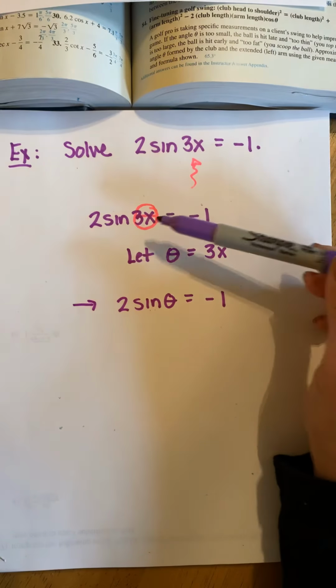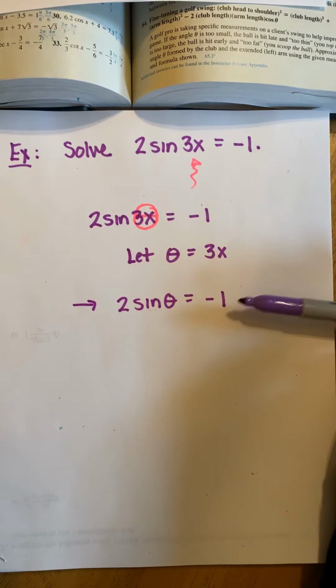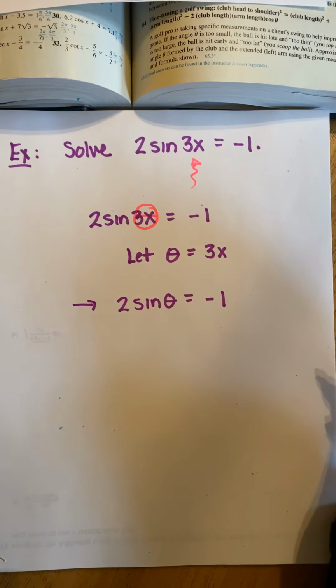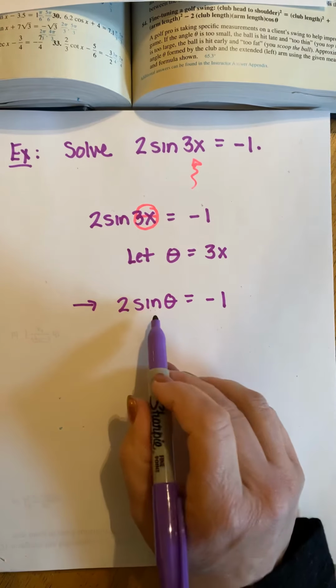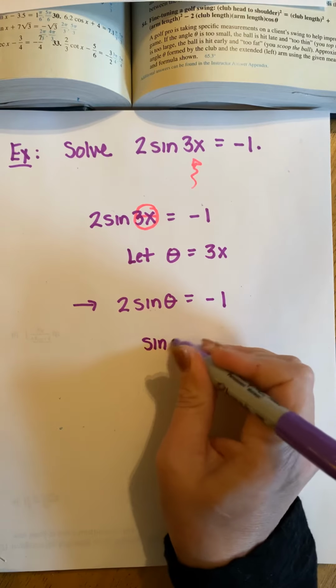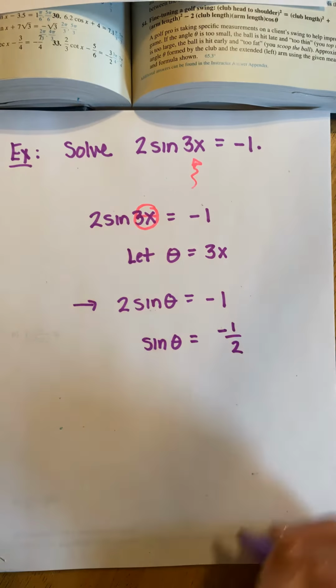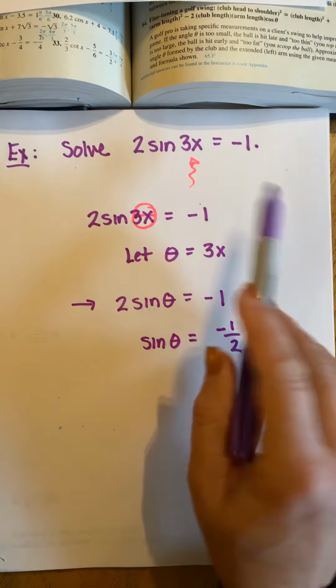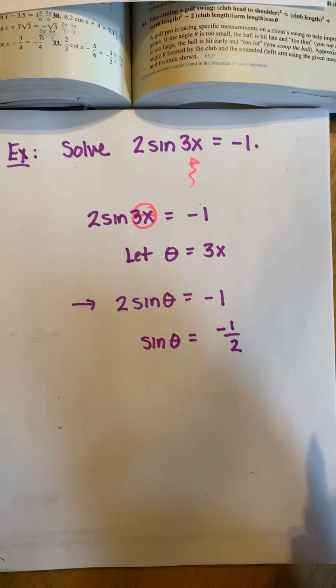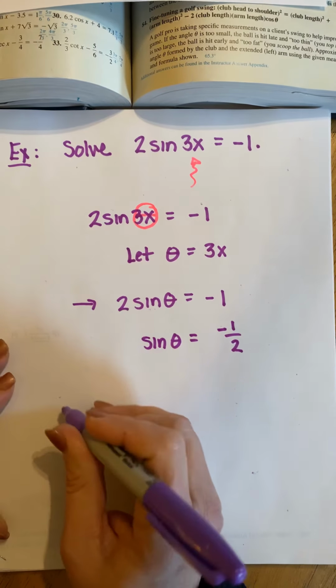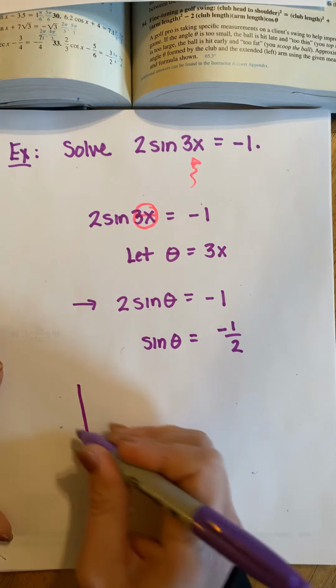By taking 3x and replacing it with theta, we get a problem that's much more simple and obvious to solve. So to solve here, we're going to isolate the sine. So this is equivalent to solving the sine of theta equals -1/2. And notice there's no restrictions. It doesn't say just between 0 and 360. So we're looking for all angles whose sine is -1/2.